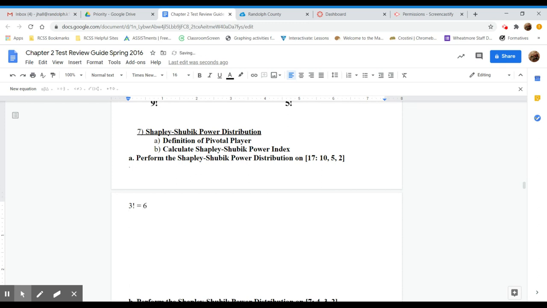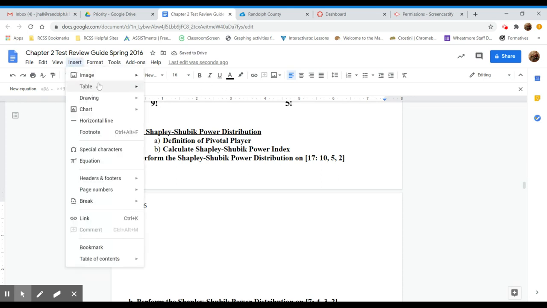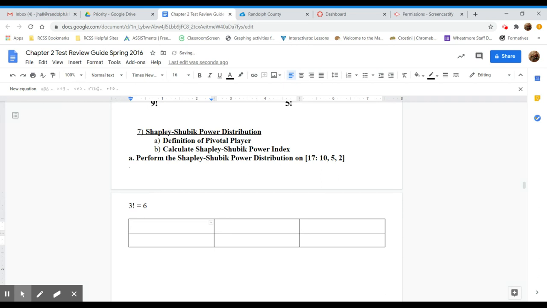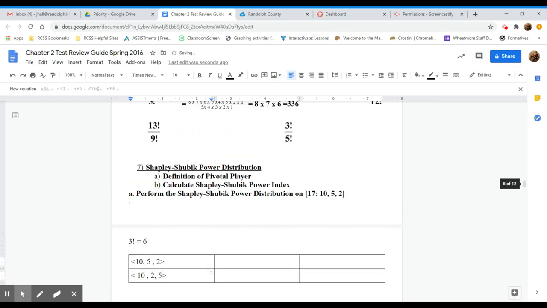Now I'm just going to create a table here to organize this. Let's just do 3 by 2 because that's 6. When we do our sequentials, we just really change the order of these players. So 10, 5, 2, but then the next one can be 10, 2, 5. We're just essentially trying to order all of these out in different ways, and that's why we need that factorial.